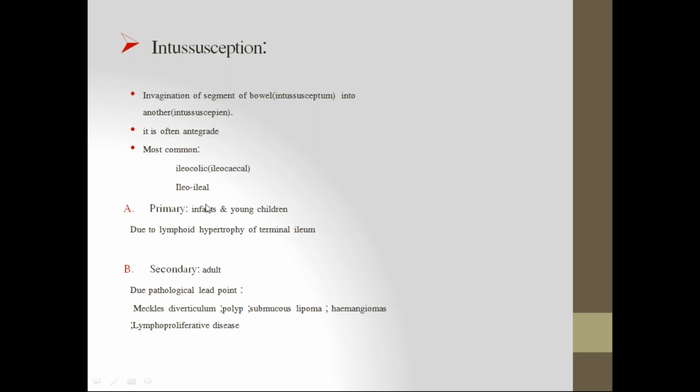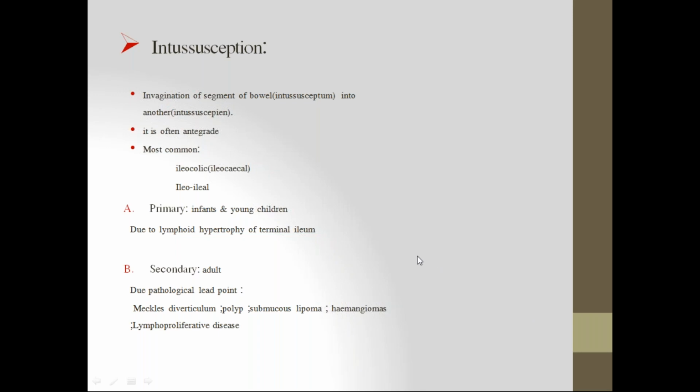Whereas in primary intussusception in children, you can attempt various conservative methods like contrast enema, hydrostatic reduction, and pneumatic reduction. All these can be tried before proceeding to surgery as a last resort.